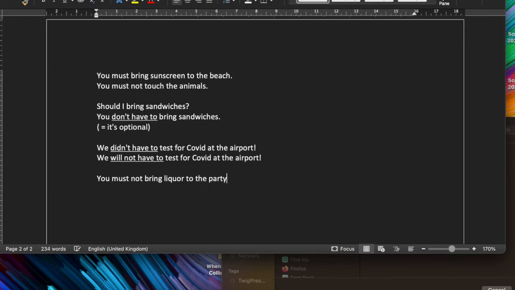You know, this is a law, so it means maybe it's a church party. It's inappropriate. They will not let you in with alcohol, yeah? However, you don't have to bring liquor to the party means something like they'll serve it there. You can bring it, you can not bring it, but it's indifferent.